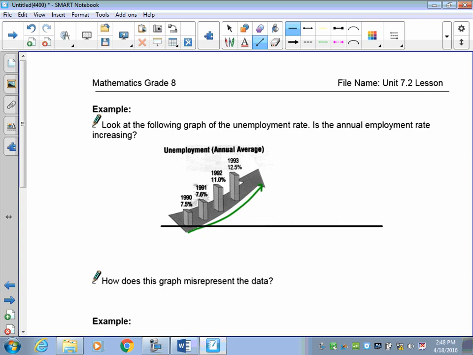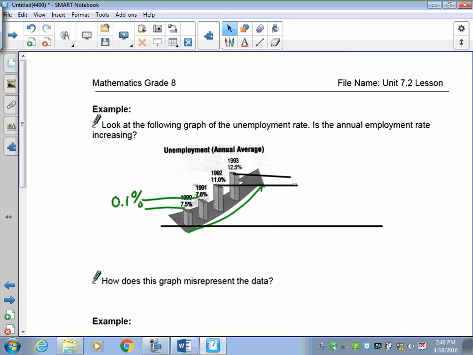Now, the other thing that you may not have noticed is, look at the difference between this year here and that year there. Notice that that is 0.1%. Now, let's take a look at the last 2 years. Here and here. Look at the difference.